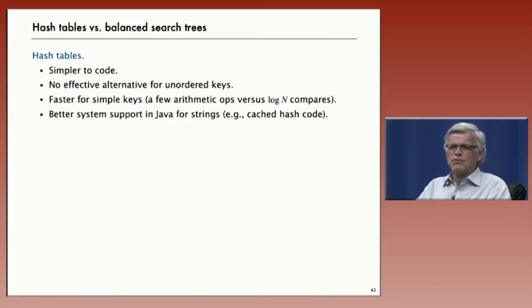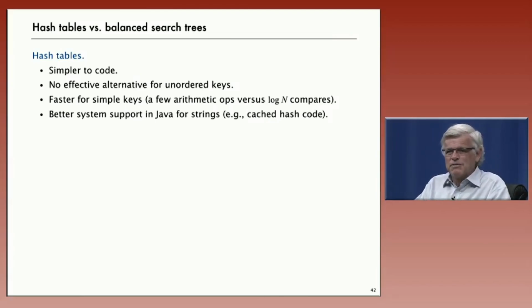What about hash tables versus balanced search trees? Well, hash tables are really simple to code, usually, if you don't have to do the hash function. If you don't have order in the keys at all, then you need the compare to implement a balanced search tree. So you have to use hashing if you don't have comparison.